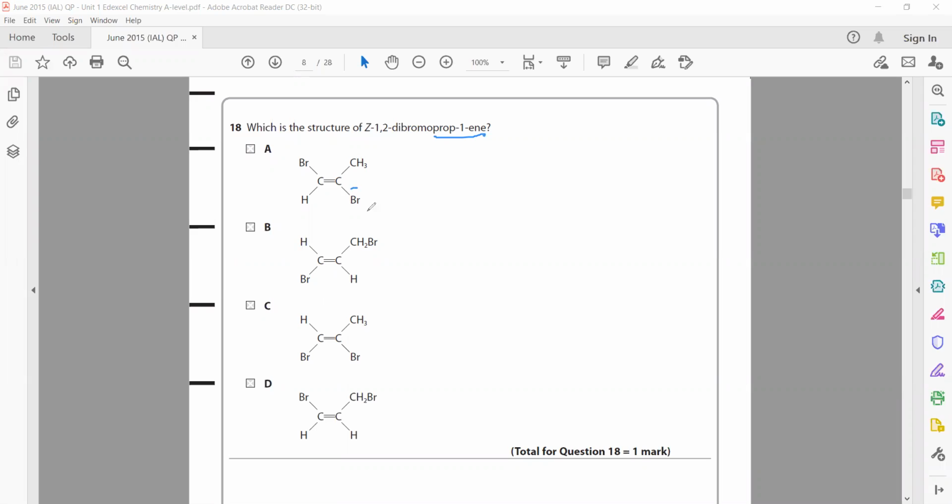But you can clearly see that the heavy groups are arranged on adjacent carbons on opposite sides, so that's not correct. This one is actually not 1,2, it is 1,3-dibromo, so that's wrong. When you check this one, the heavy groups are on the same side and it is 1,2-dibromopropene, so C is the right answer. Again, in this one bromine is attached to the third carbon and first carbon, but we want 1,2, so C is the right answer.